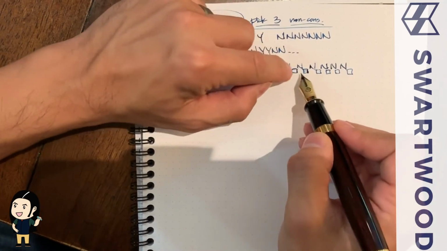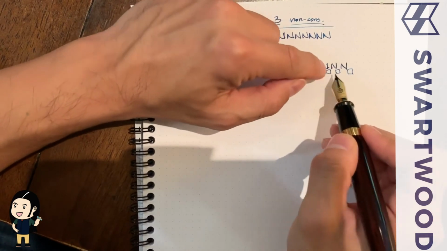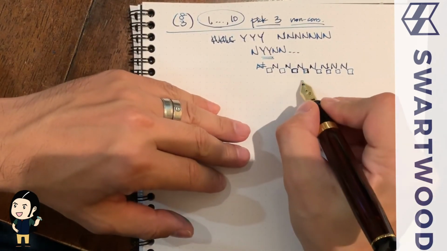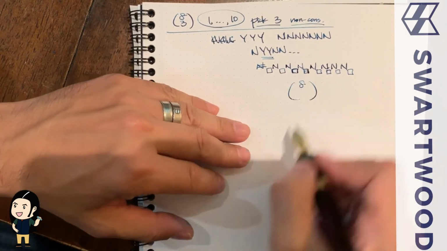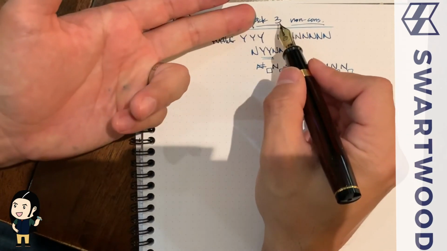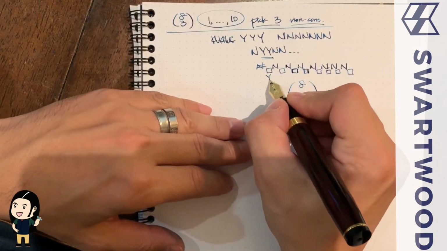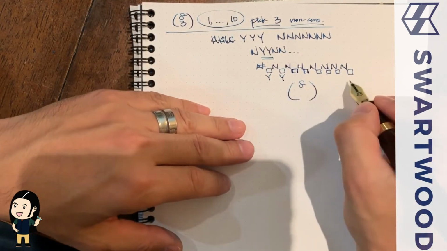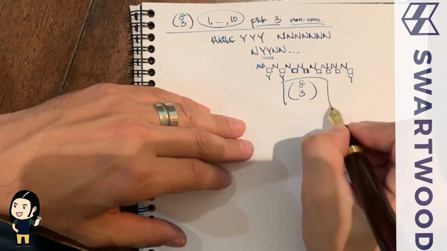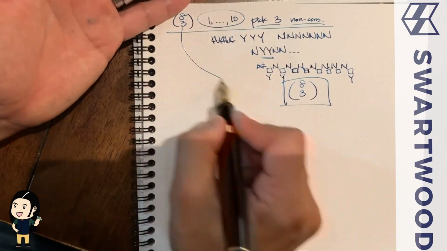So there's 1, 2, 3, 4, 5 on the left side, 6, 7, and 1 extra on the right. So it's 8. There are 8 spots that our yeses could go in, right? And how many do we need to pick out? We need to pick out 3. So let's, for example, pretend we picked out this to be a yes, this to be yes, and that to be yes. So clearly the way we're doing this, there's 8 choose 3, which already looks good, right?